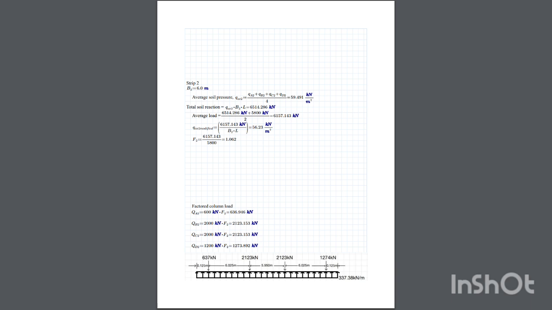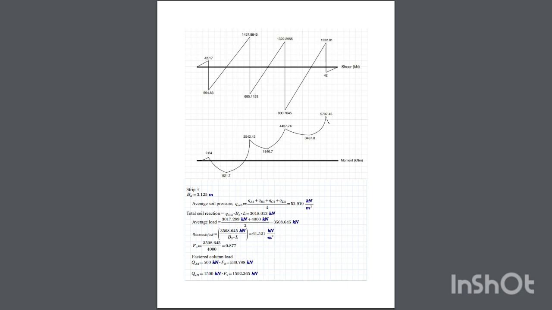QC2 is 2123.16 kilonewton, and then QD2 is 1273.992 kilonewton. So this is the point load C2, point load D2. And this is the shear and bending moment diagram.